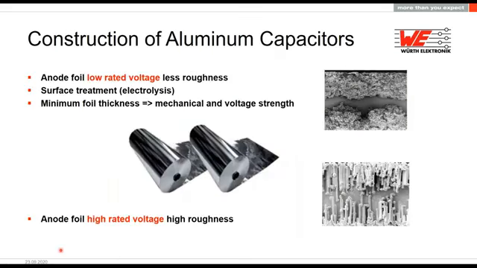One thing about the roughness of the foil: depending on whether you have a low rated voltage or a high rated voltage, the roughness is different. So low rated voltage has less roughness.